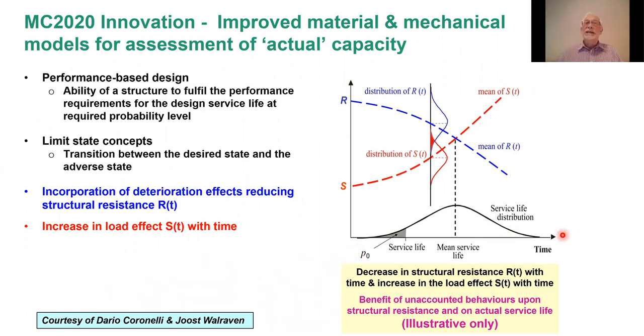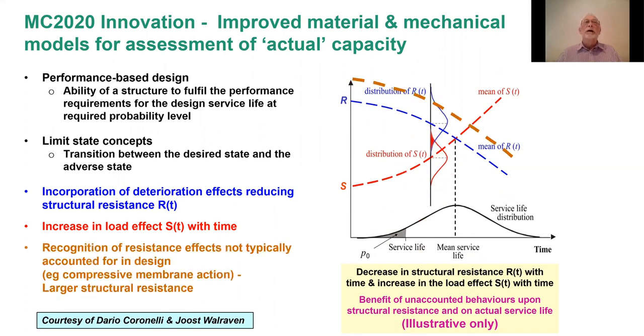So on the horizontal axis here, we have time, and on the vertical axis, we have structural performance and related parameters. So we have probability distributions for the loading and probability distributions for the resistance shown here, and of course they overlap increasingly with time, but there may well be in terms of structural behaviors resistances which are not typically taken into account in design, such as compressive membrane action in deck slabs.